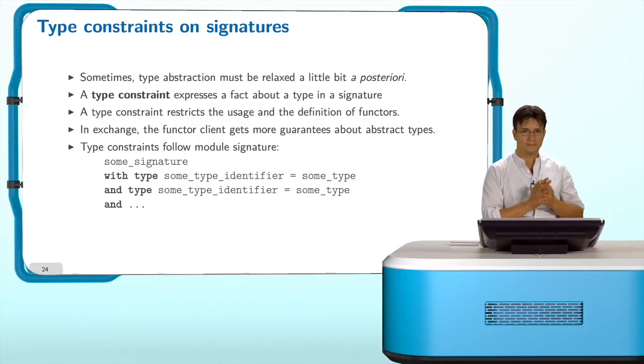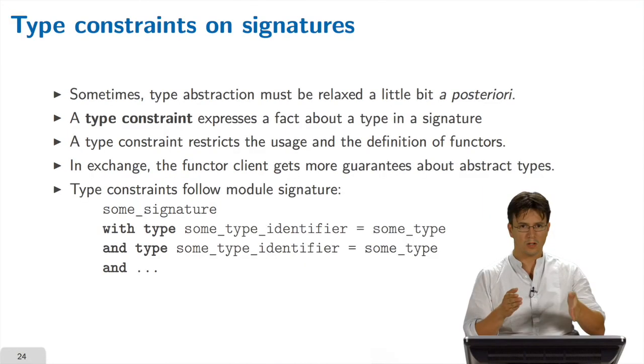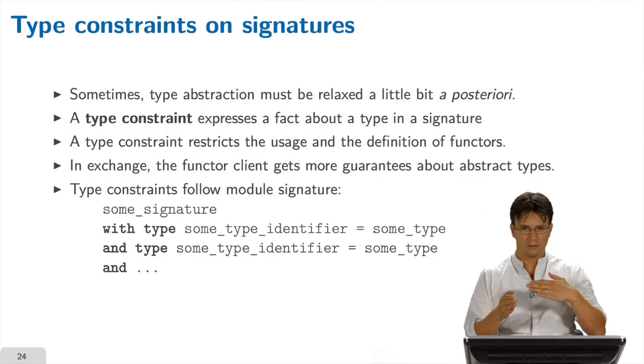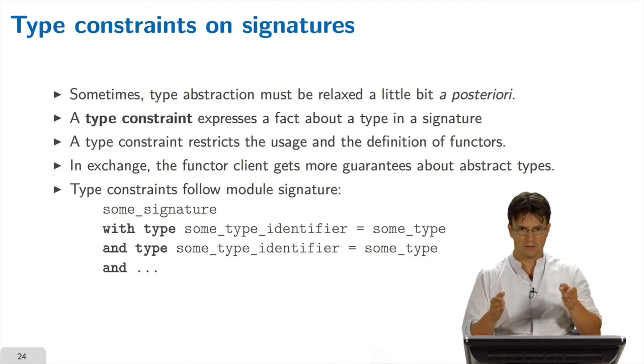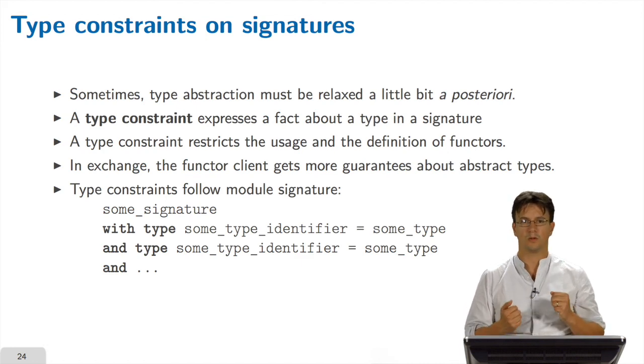The syntax to put a type constraint on a signature is just a signature and then a sequence of type equalities that are introduced using the keyword with and separated using the keyword and.